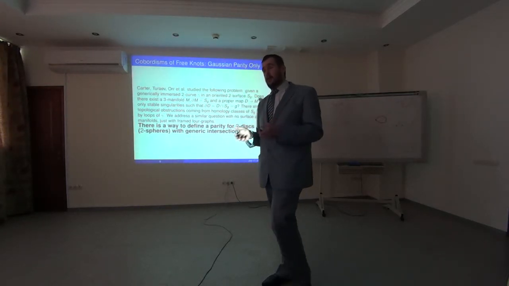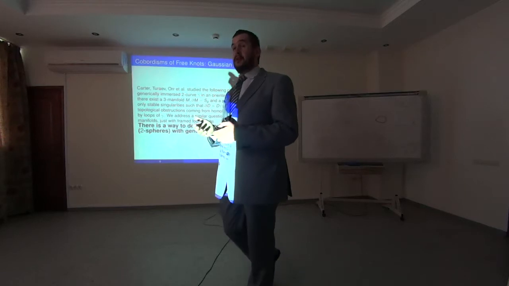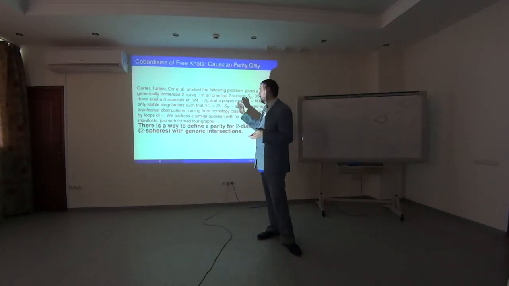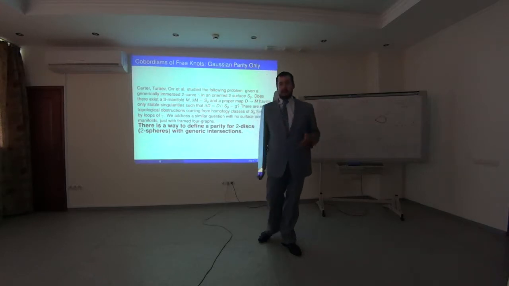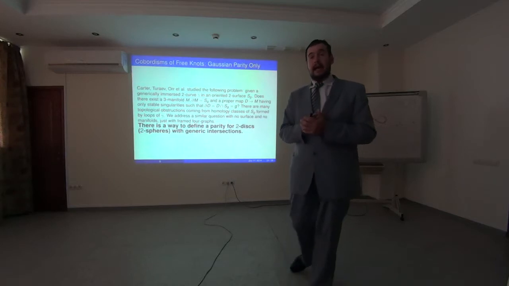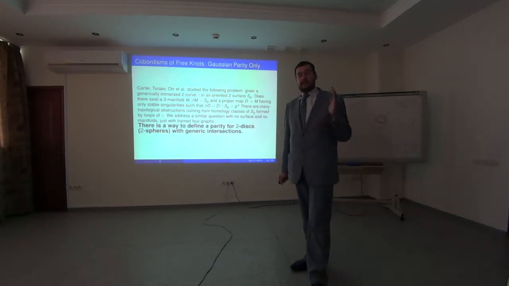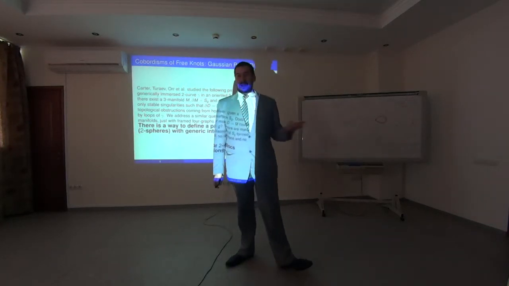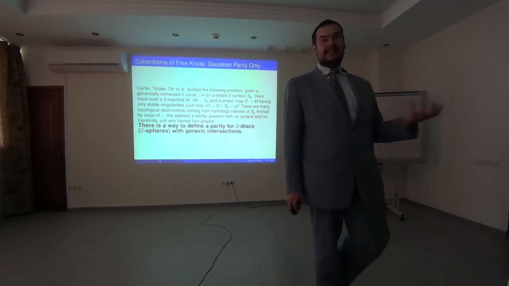So there are lots of abstractions coming from homological information, some pairings and many other things, and it was solved by various authors, and it's related to various subjects, but I wanted to construct it for free links, for free knots and links. When I understood that free knots are indeed non-trivial, why not try to prove that there are non-slice ones among them?